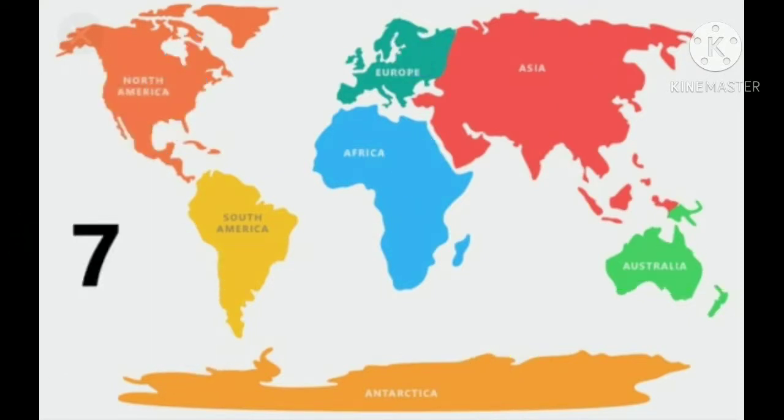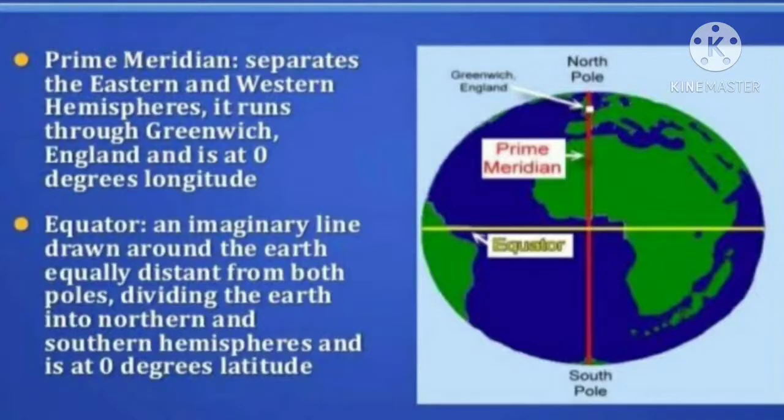Now, a very simple technique: there are 7 continents, and around India there are 7 countries. The prime meridian and equator play a very important role to divide the earth into eastern and western, northern and southern hemispheres. The prime meridian separates the eastern and western hemispheres.